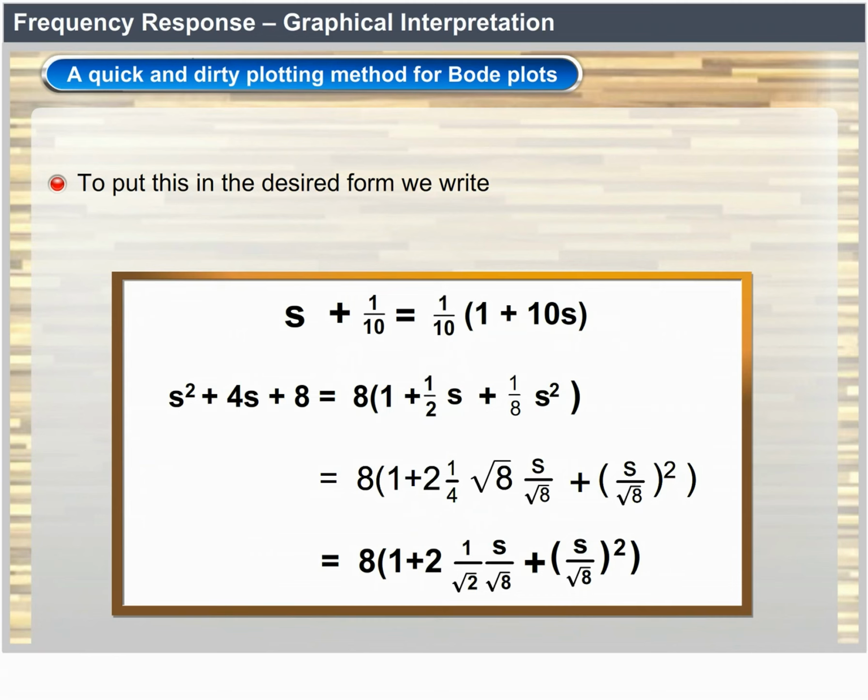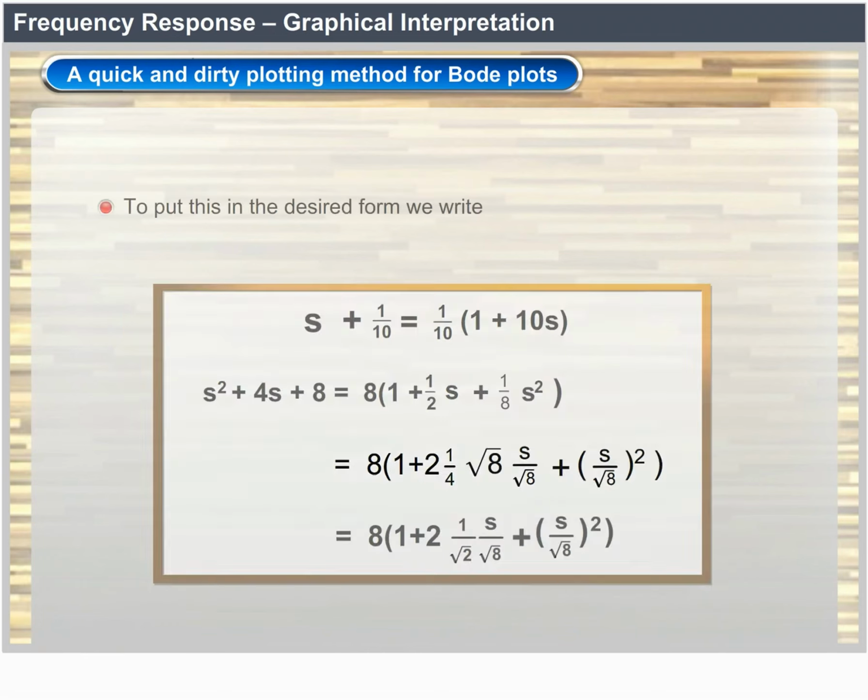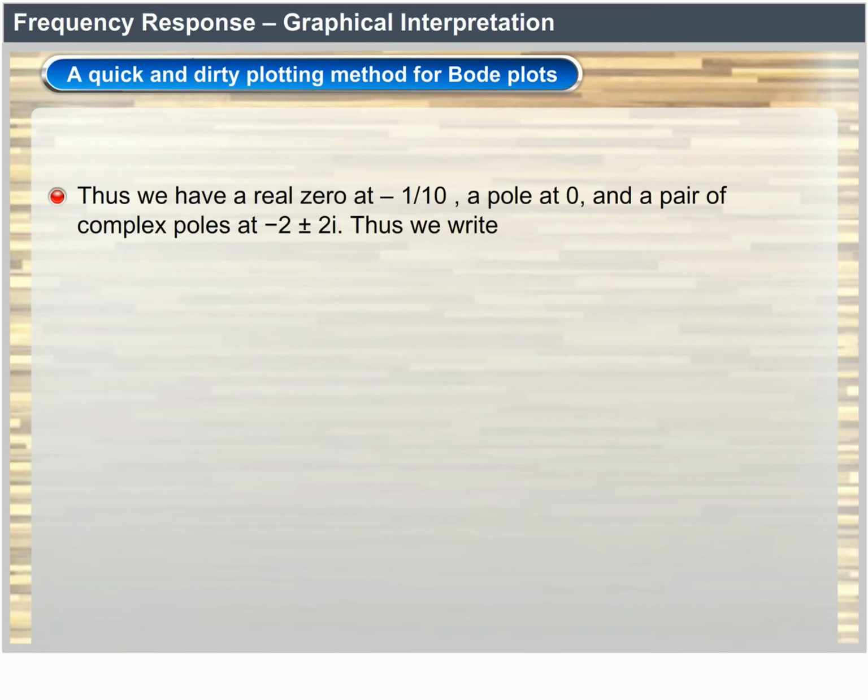In the next step, √8 in the s term and 4 in the denominator get cancelled and we get 8 × (1 + 2 × (1/√2) × s/√8 + (s/√8)²). Thus we have a real zero at −1/10, a pole at 0, and a pair of complex poles at −2 ± 2i.